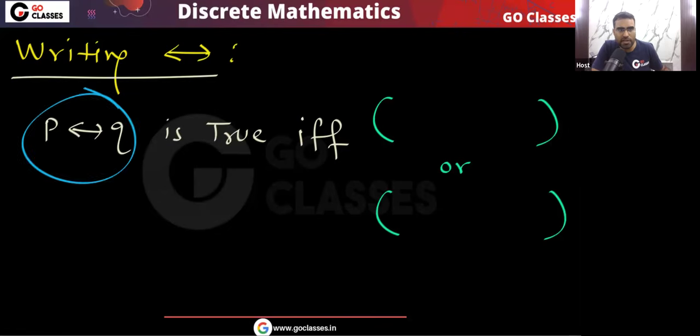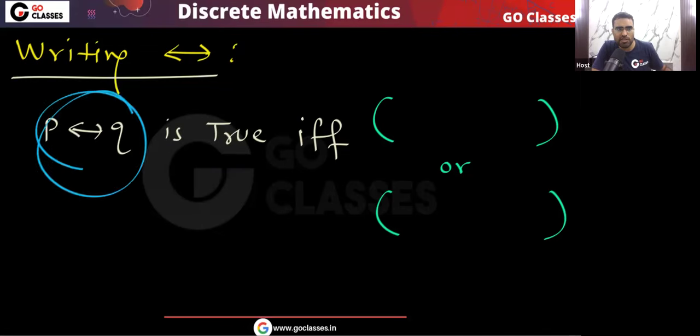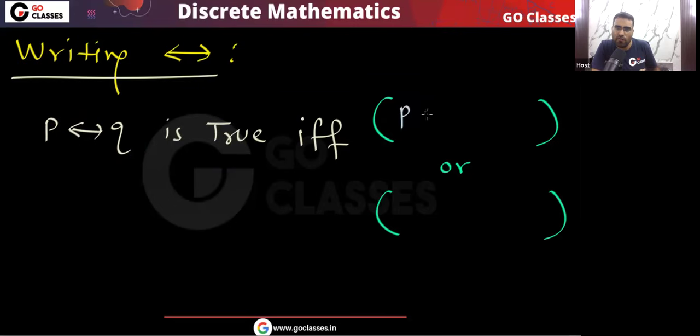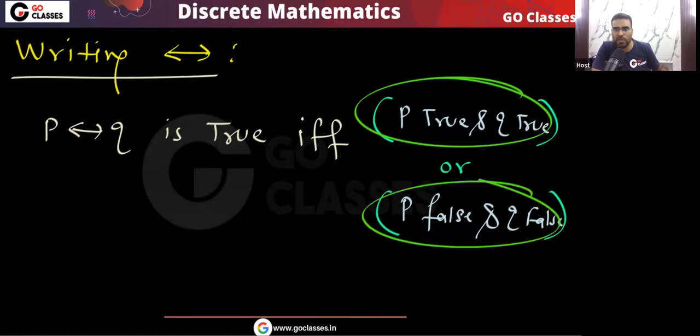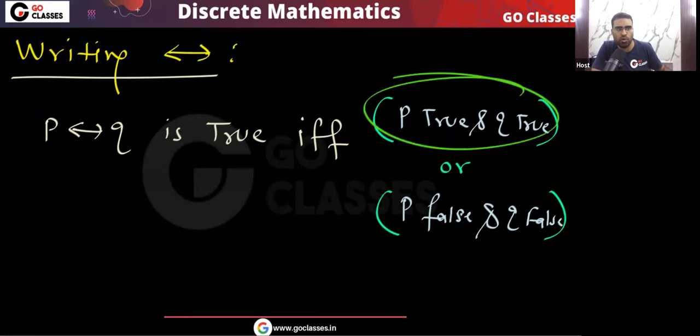Remember, biconditional is true if they are the same. Biconditional is true when P and Q are the same, meaning when P true and Q true, or P false and Q false. Agree? Yes or no? So this biconditional will be true if this happens or this happens.